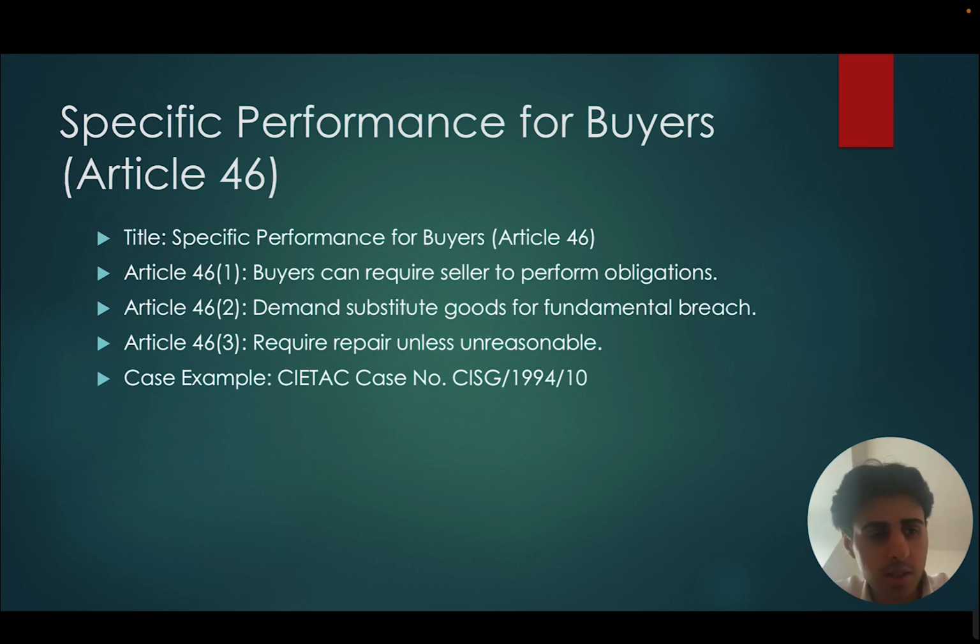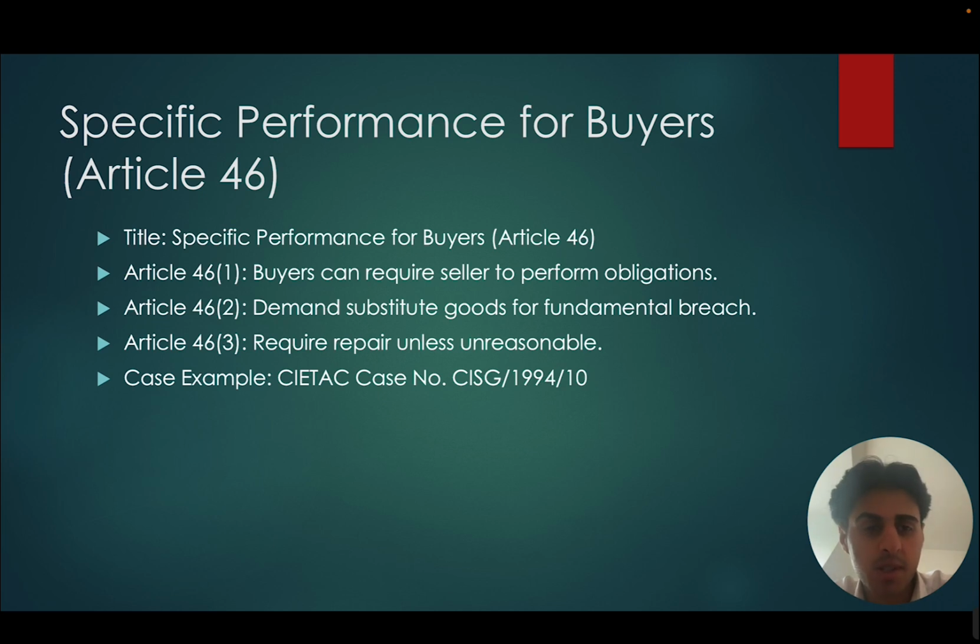Now we can look at specific performance for buyers, Article 46. This article is focused on the remedies available to buyers under the CISG. Article 46 grants buyers the right to require the seller to perform their contractual obligations. Under Section 1 of Article 46, the buyer can demand performance unless they have chosen an inconsistent remedy, such as contract avoidance.